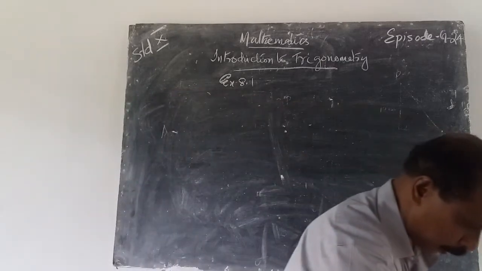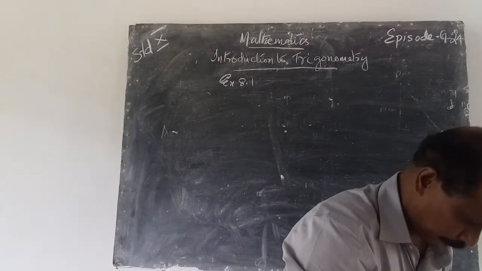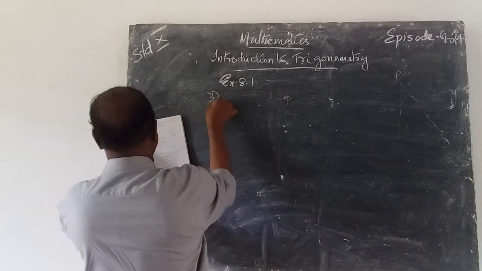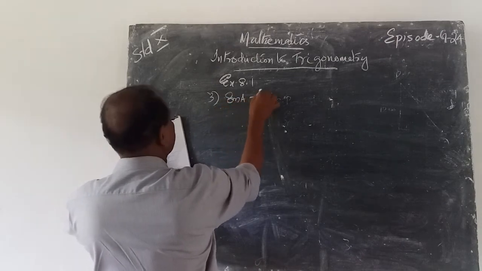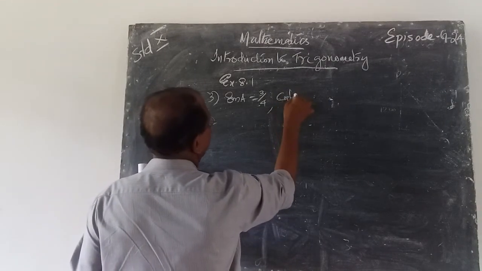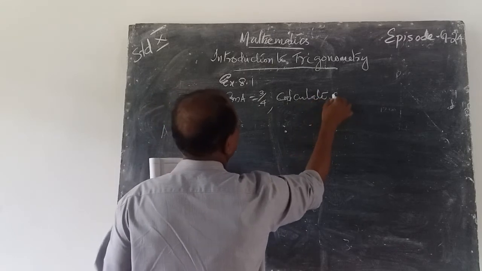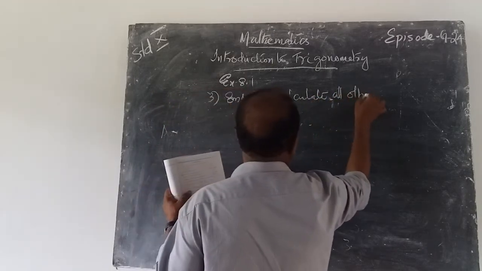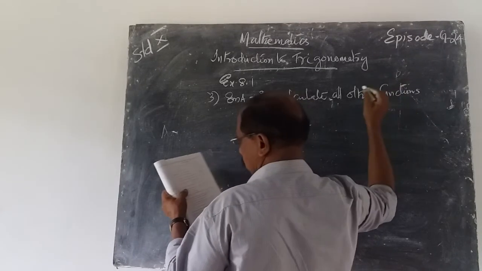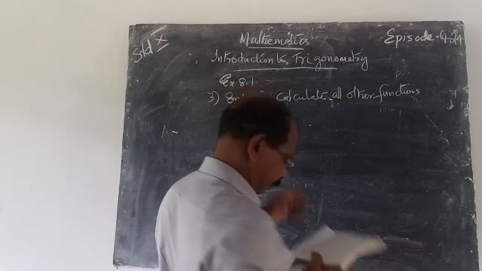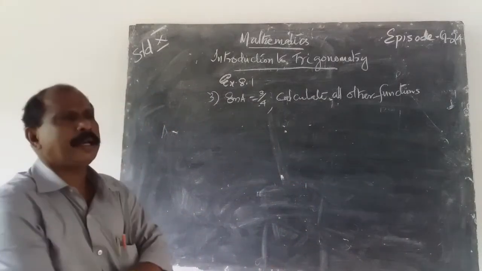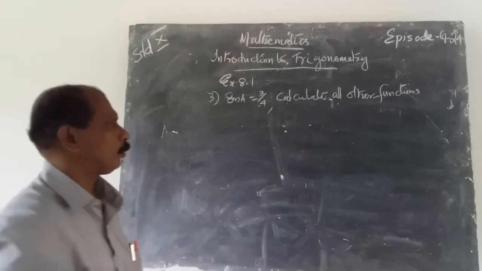Then, third question. Sin A is equal to 3 by 4. Calculate all other functions. Sine A means opposite side by hypotenuse.